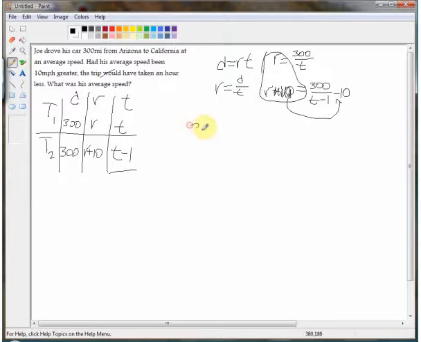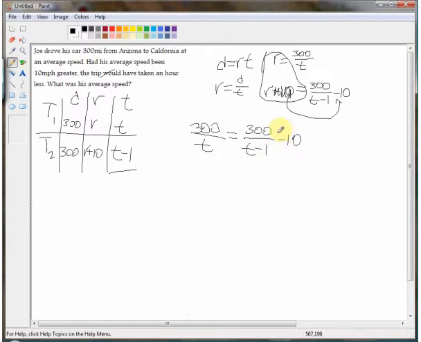So we can say 300 over t equals 300 over t minus 1 minus 10.